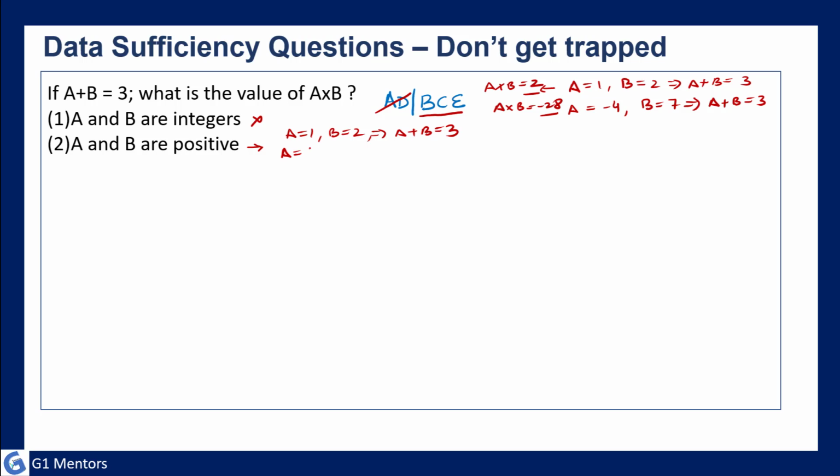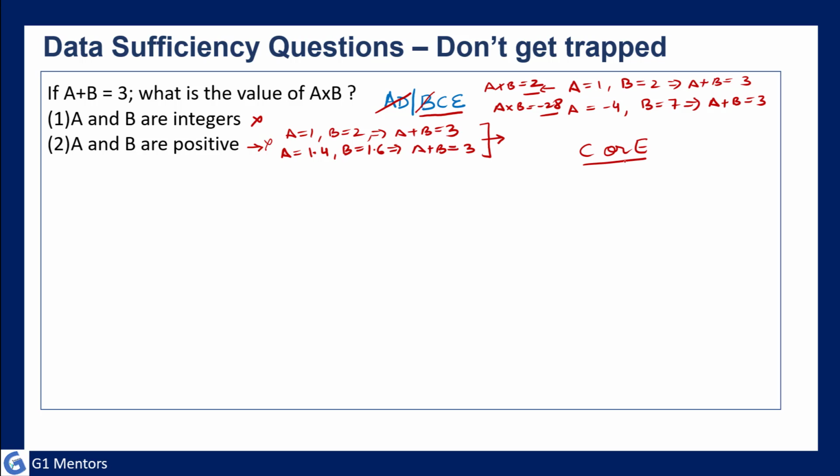So a can also be 1.4 and b can be 1.6 to give us a plus b equal to 3. In both cases a plus b is 3, so statement 2 alone is also not sufficient. So we strike off B, and now the answer choice is either C or E.